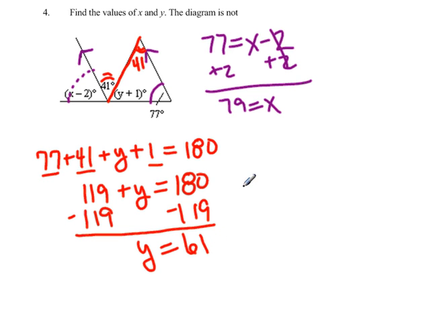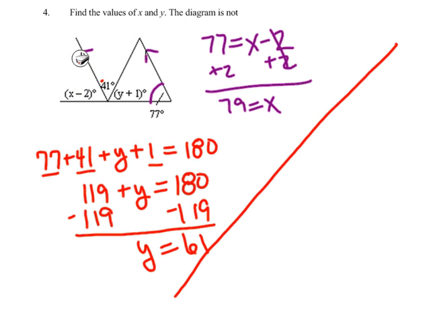And that is the way that we can solve for y in this case. Now, while we're here, I want to show you another way. Okay, I'm going to work it over here, but I'm also going to have to erase. We still have the same parallel lines, but you know what? Since we've already found x is 79 degrees, or since we've already stated that this angle right here is 77, what do these 3 angles right here form?